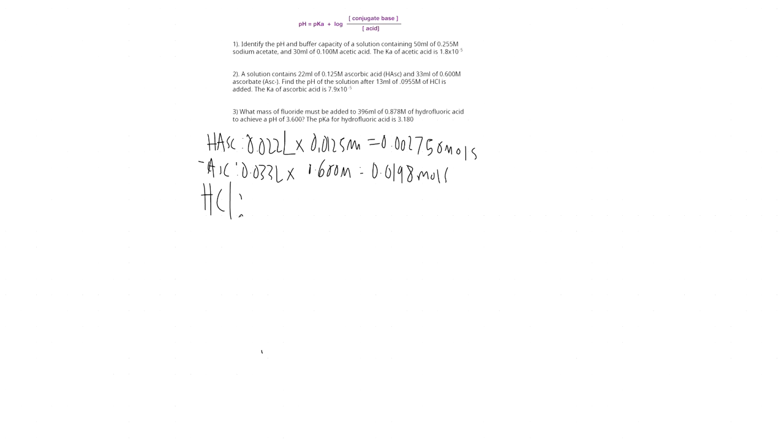Conversely, however much ascorbate you lost is however much ascorbic acid you gained. So however much HCl you added is how much ascorbic acid you gained. So you're going to add the moles of HCl to the moles of ascorbic acid, but you're going to subtract them from ascorbate. But first, let's find the moles of HCl.